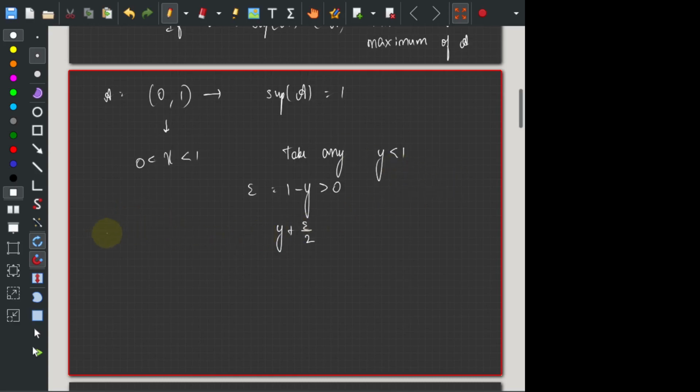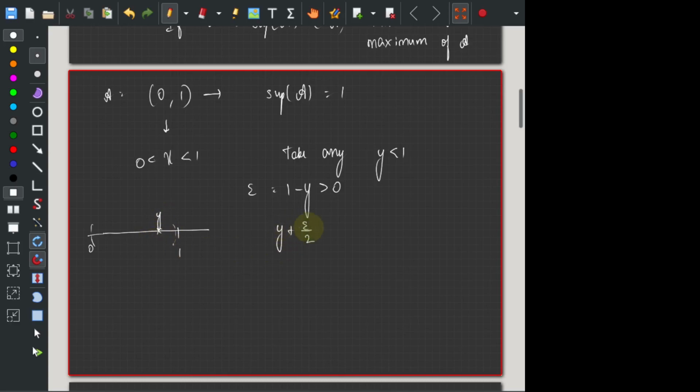So let's think about it geometrically. This is 1. I'm taking some y which is less than 1. Maybe it is some point here. What I want to show is that this cannot be an upper bound for this set, right? The set is 0 to 1. If I take any point y which is less than 1, I should be able to find a point to the right which lies in the set A, and therefore y is not an upper bound.